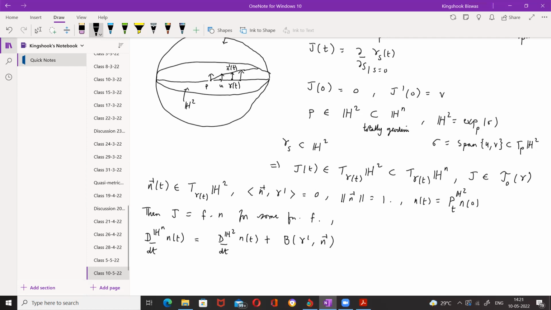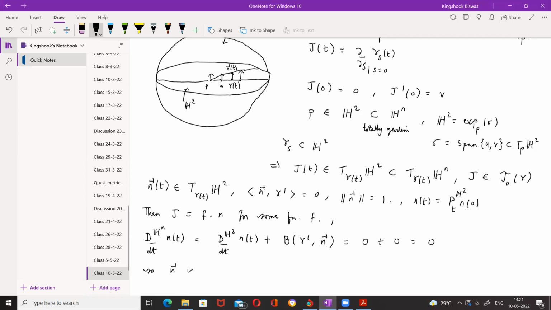Is this clear? Yes. Right, by definition of the second fundamental form. So the second fundamental form is 0, and the covariant derivative in H2 is 0. So this is 0. So therefore N of T is parallel along gamma. Okay.